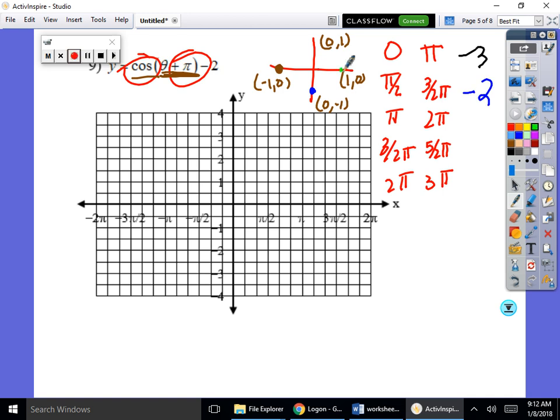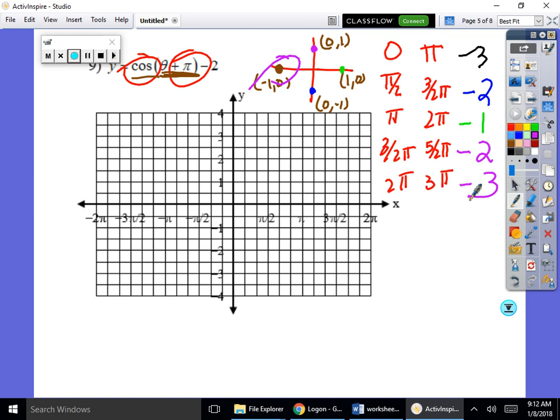Now I'm at this location. My x is 1 minus 2, -1. Now I'm at this location. What's my x? -2. And now I'm back to my start as always, and that is -3.